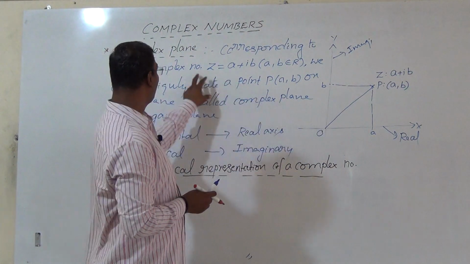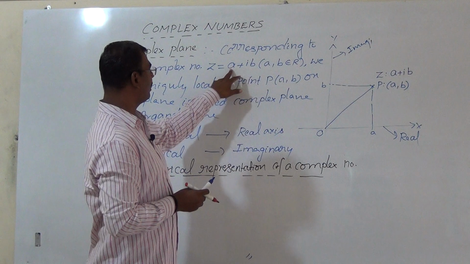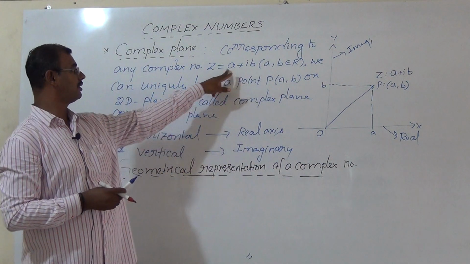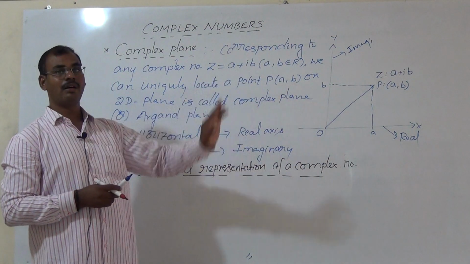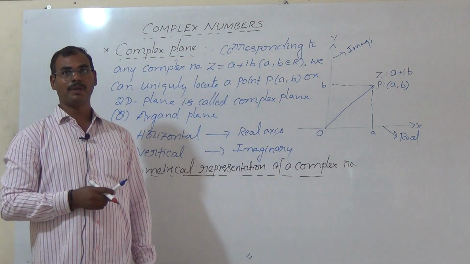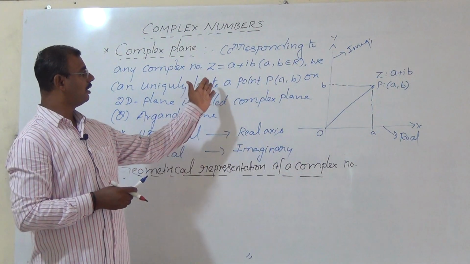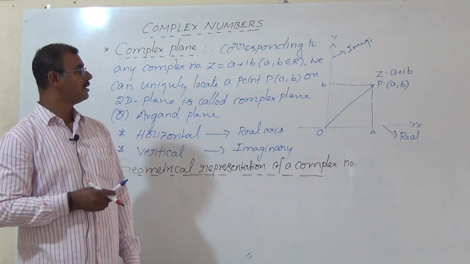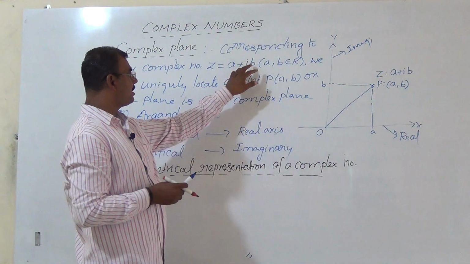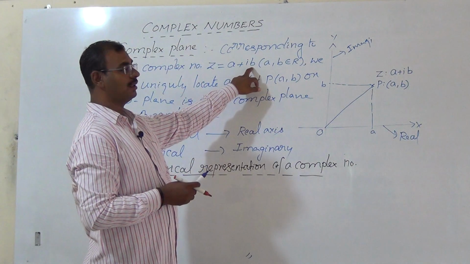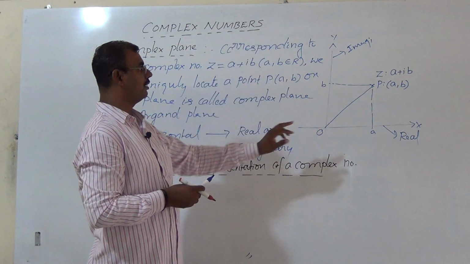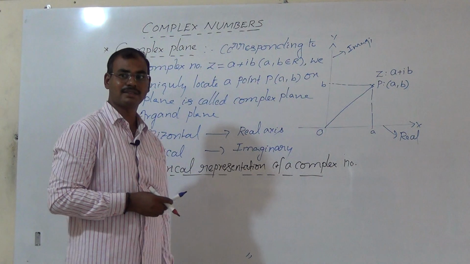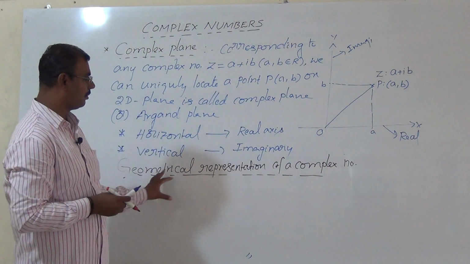In a plus iota b, what is the real part? We discussed in the first video: a is called the real part of a complex number. So it is always represented on the real axis only. Similarly, the imaginary part of a complex number is always represented on the imaginary axis. So keep this in your mind.